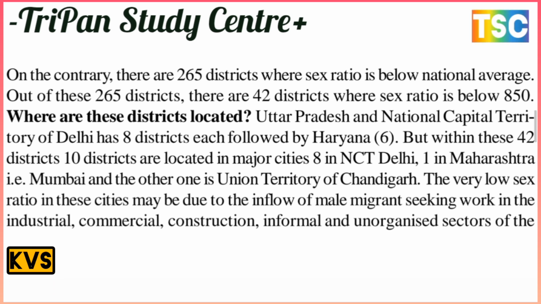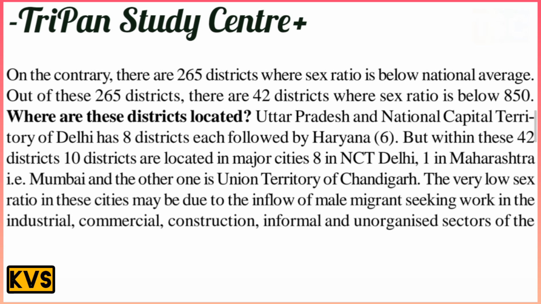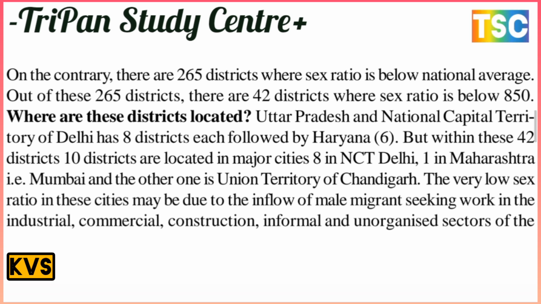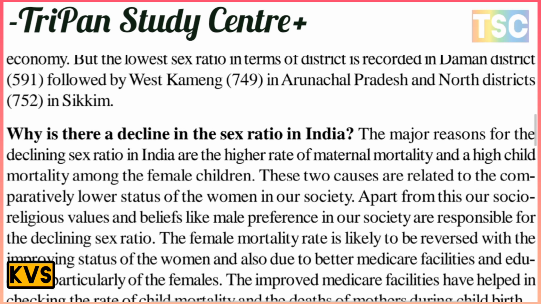There is a very low sex ratio in these cities, maybe due to the inflow of male migrants seeking work in industrial, commercial, construction, informal and unorganized sectors of the economy. But the lowest sex ratio in terms of district is recorded.